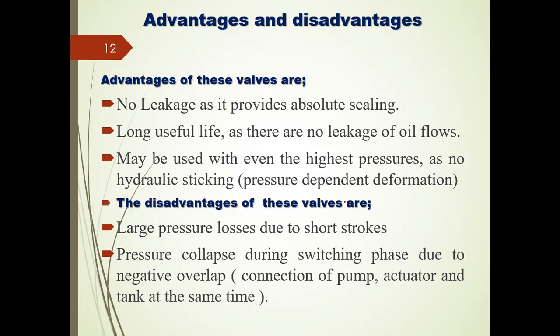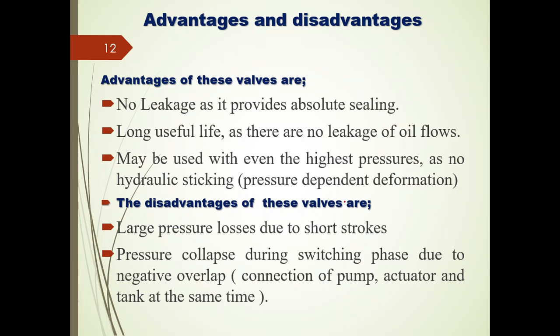Some of the disadvantages also we have: the larger pressure losses due to the shorter stroke, where the movement of the poppet as well as the block takes place in a shorter manner, because of which there will be larger pressure losses. Right.